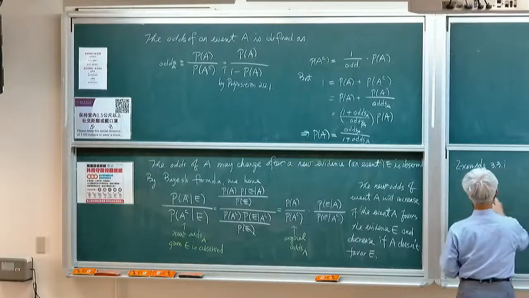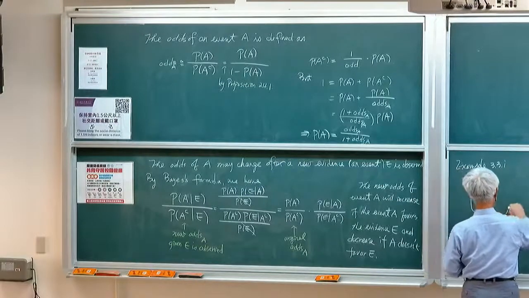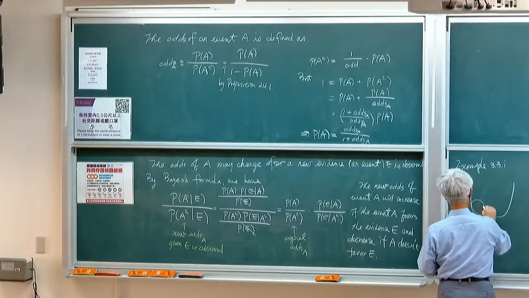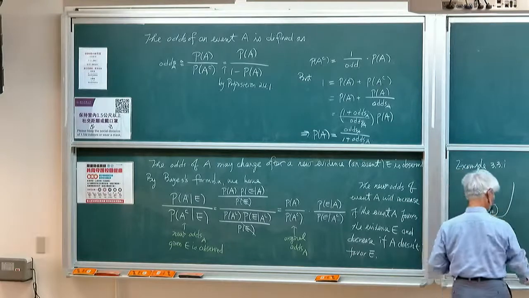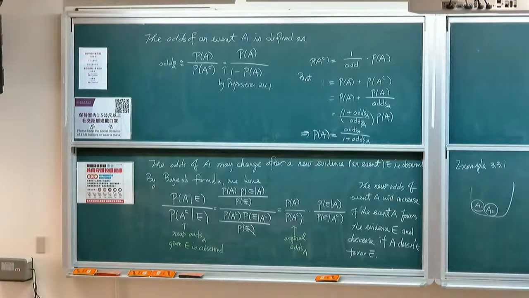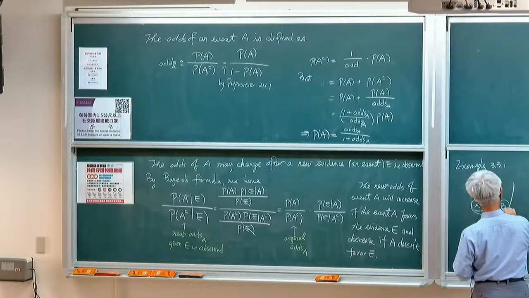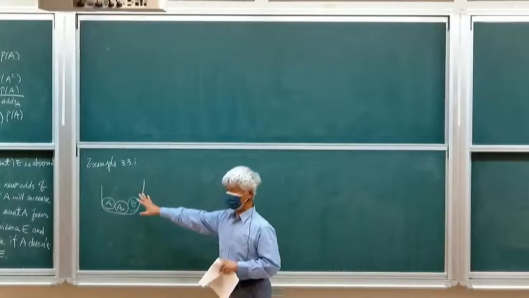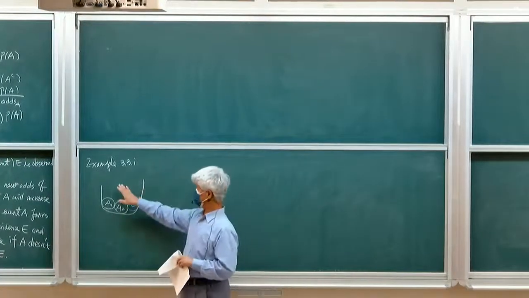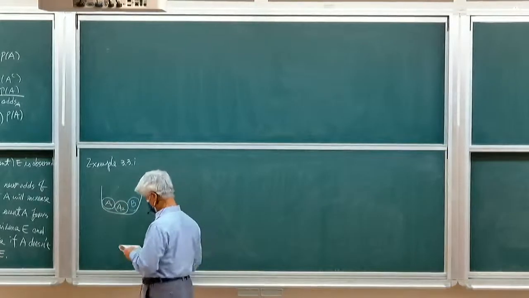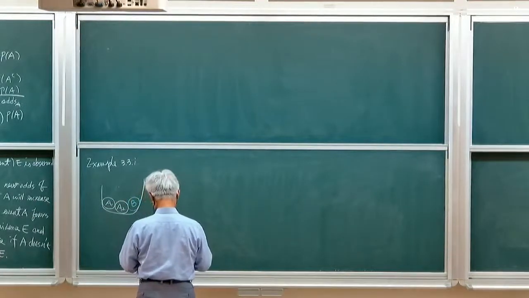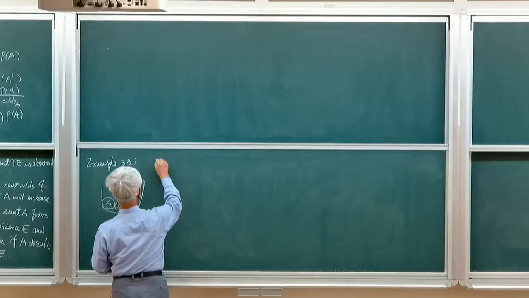All right, so let's take the example 3.3.1. Here we have an urn, and we have two type A coins and one type B coin. So there are 3 coins in the urn.